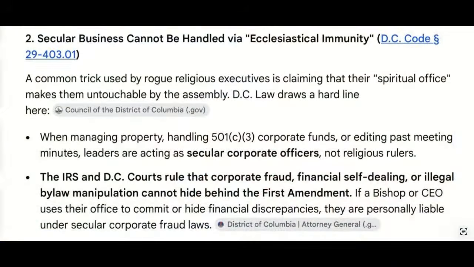Again, we're now looking at the laws of the District of Columbia, and these laws are also shared in other jurisdictions. But what that means is a common trick used by rogue religious executives is claiming that their spiritual office makes them untouchable by the assembly.